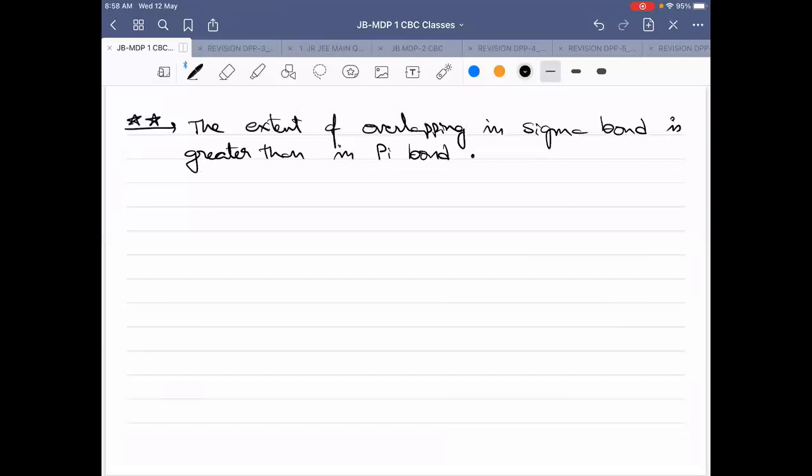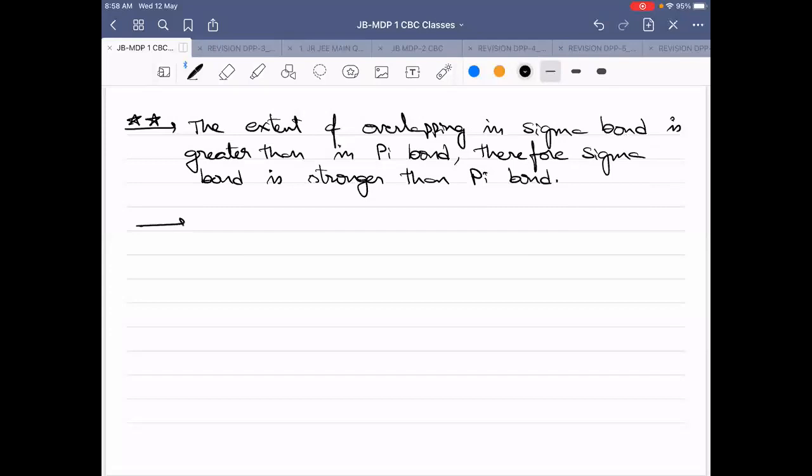Therefore, sigma bond is stronger than pi bond. This is the first point.